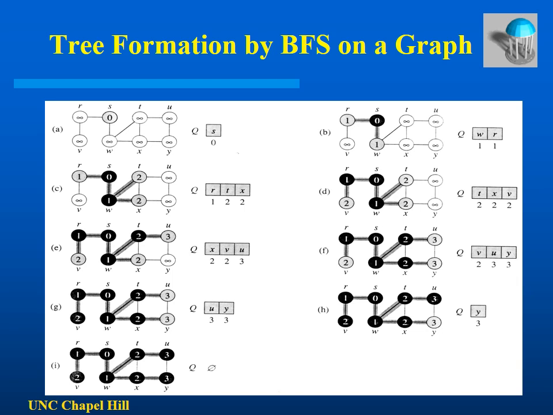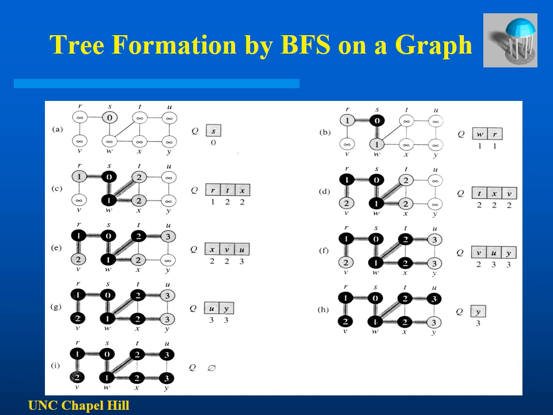So the Q now, at the end of F, is VUY, and we take V off the Q. V is connected to only previously discovered nodes. In fact, to the one node, R, which is complete. And so there's nothing to put on the Q and no paths to mark.